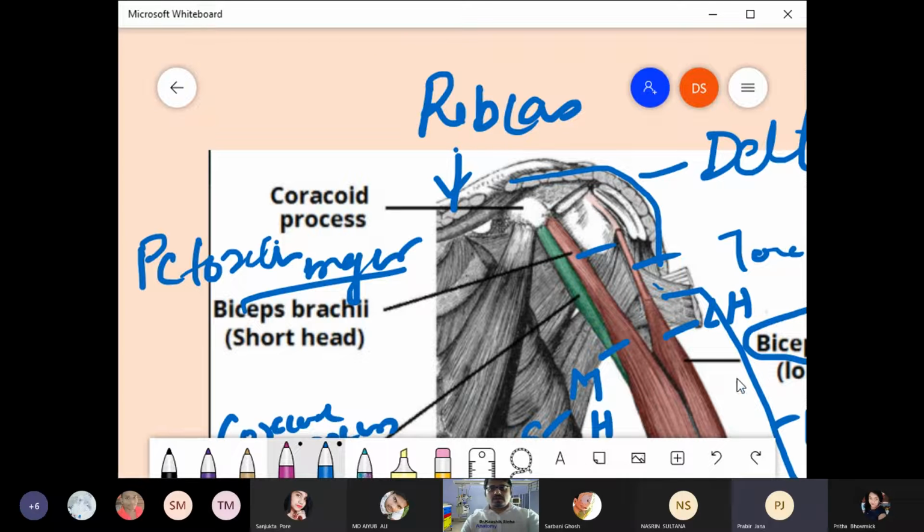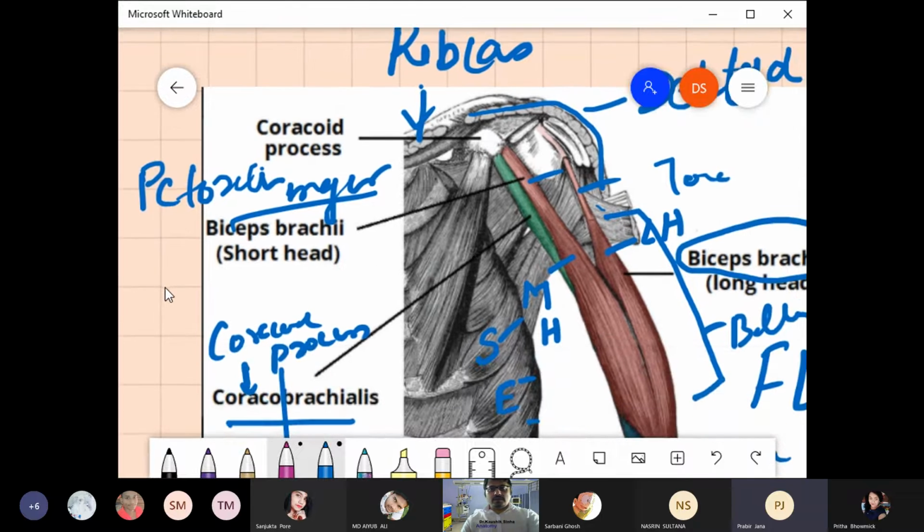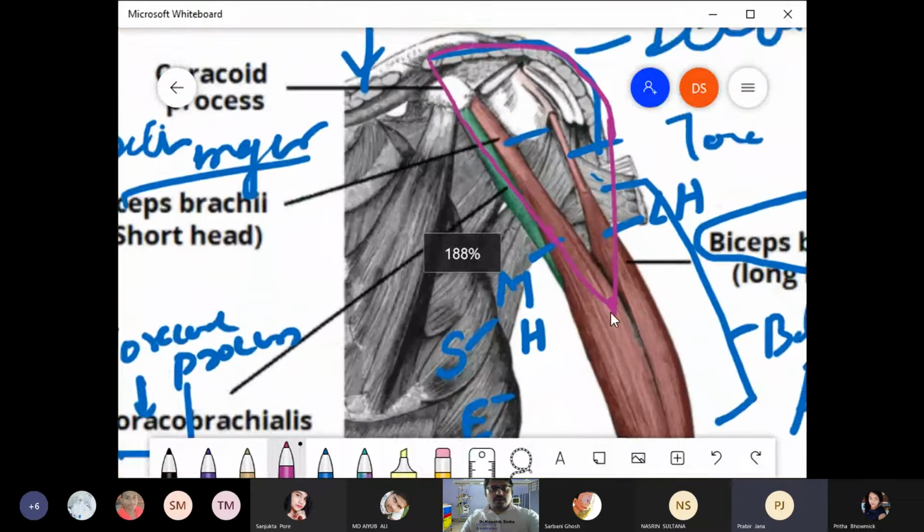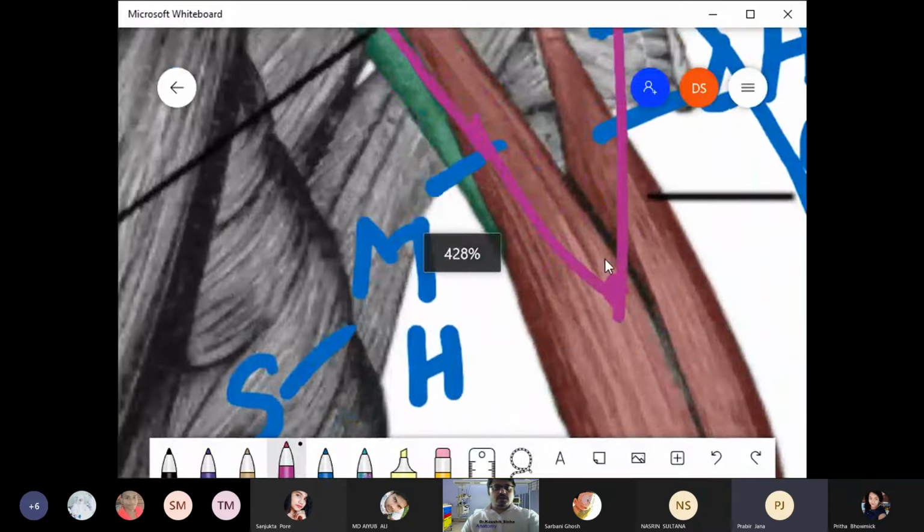I mean, where the deltoid muscle attaches, somewhere out here. If I draw the deltoid muscle, this is the cut end of the deltoid muscle. Somewhat like this presentation is where the deltoid tuberosity is present. This is where the deltoid tuberosity should have been present on the humeral bone.